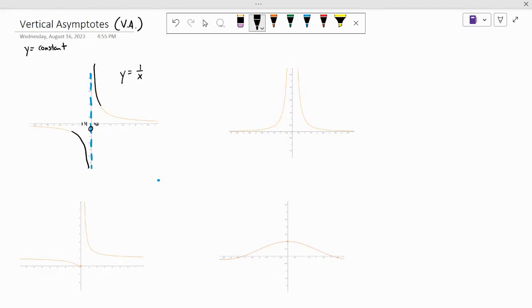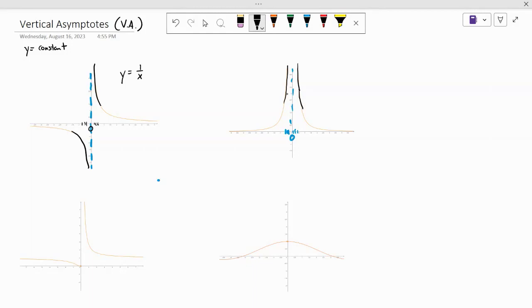So the function can behave differently depending on which side of the x value you're on. Or it could be the same, right? Like here, it doesn't matter whether x is approaching 0 from the left or the right. It looks like in the graph, the function blows up. So its behavior is the same on either side.